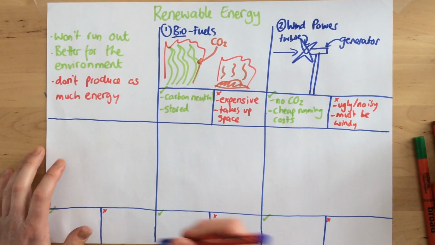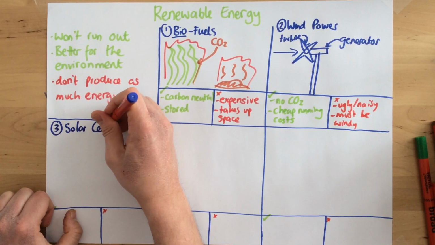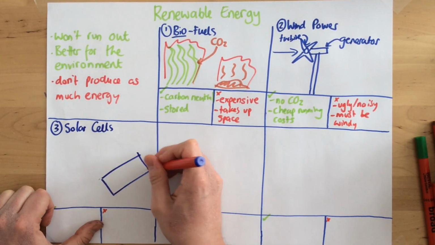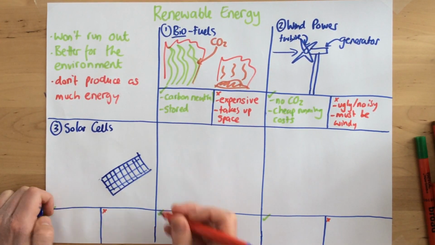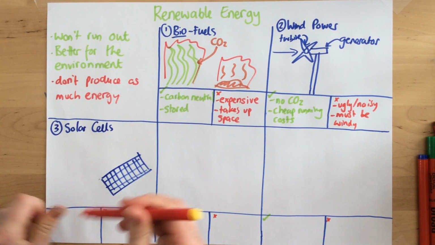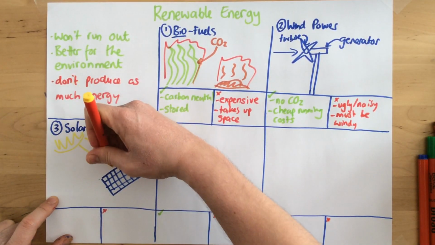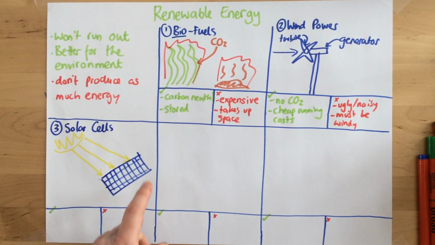The third one we're going to learn about is called solar cells. So solar cells, you've probably seen these on the roofs of certain houses. But essentially, the way that it works is you have light, so usually sunlight, that hits these solar cells and it converts that energy directly to electricity.